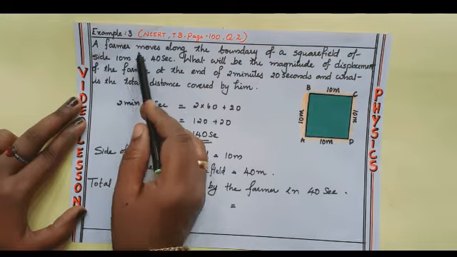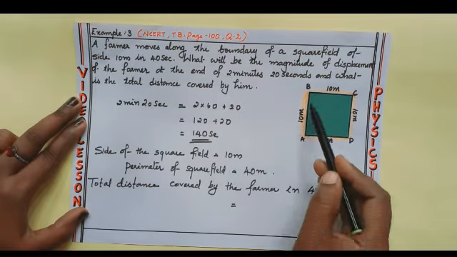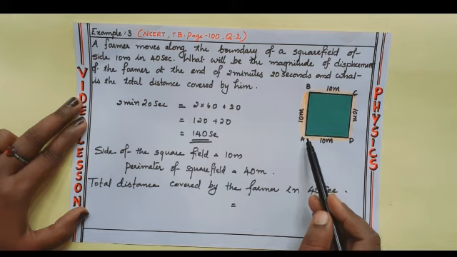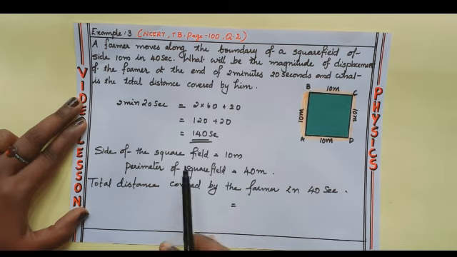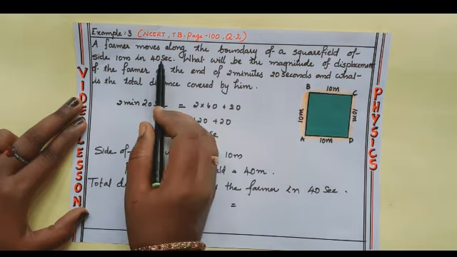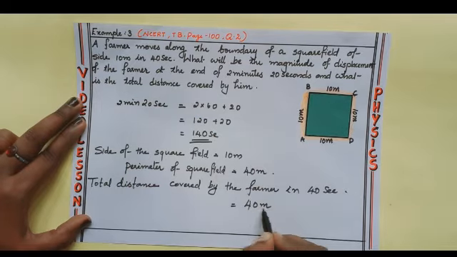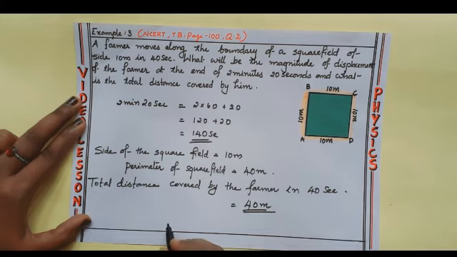Here you listen, a farmer moves along the boundary, not one side, the boundary of a square field of side 10 meter each. Then the total distance covered by the farmer in 40 seconds is 40 meter. Then how much distance can he cover in 140 seconds?